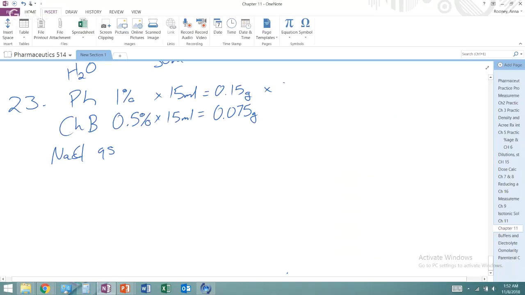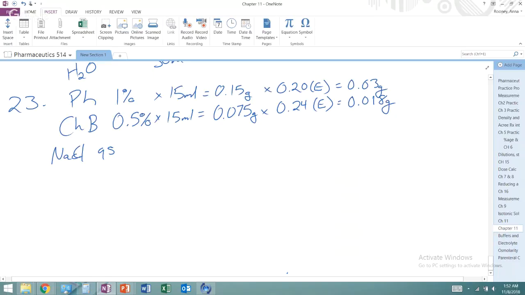Phenocaine is 0.20 E, and that is equal to 0.03 grams. And then this is 0.24 E, and that is 0.18 grams.